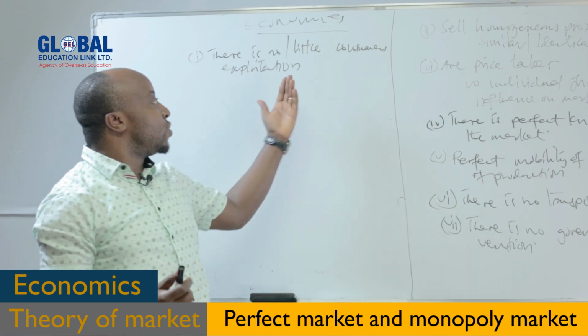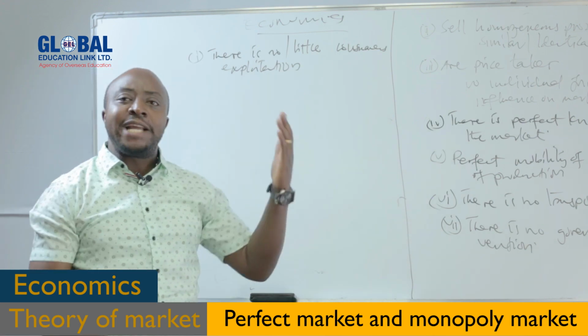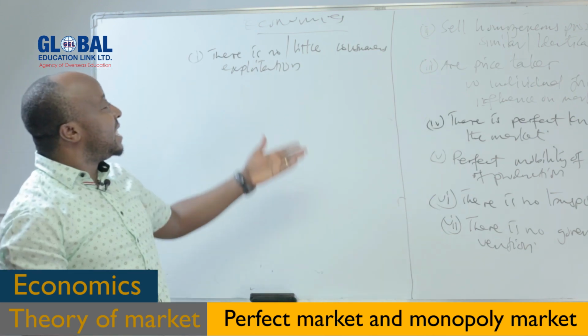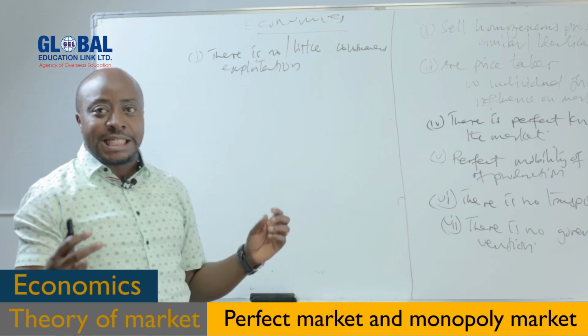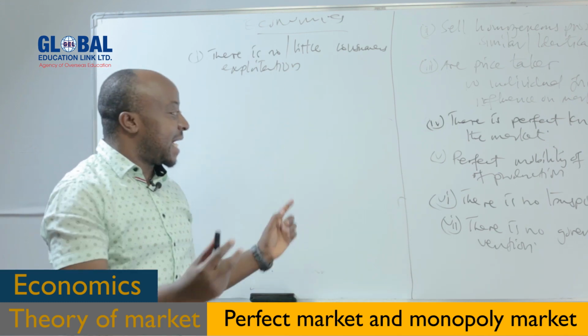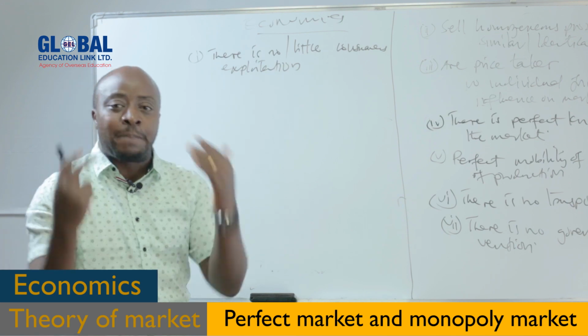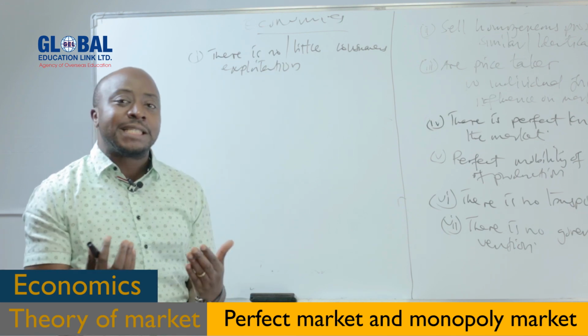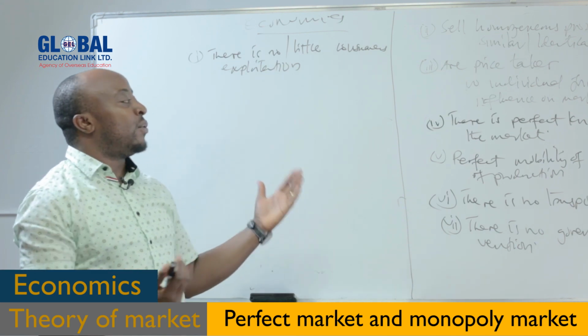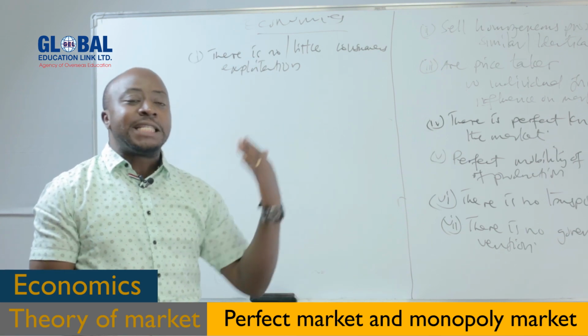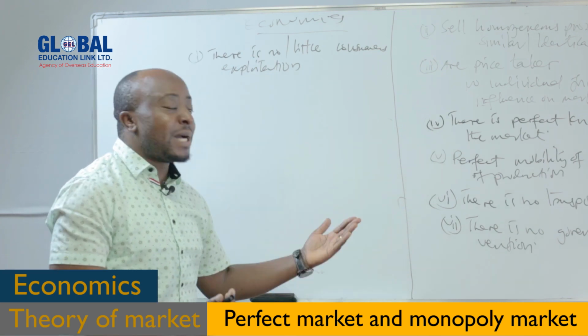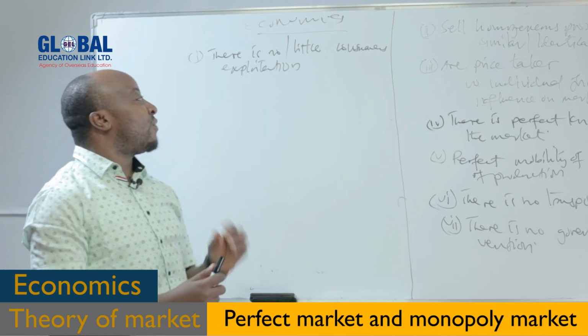Sellers exploit consumers by setting or varying prices. But now, because in this market price is constant, we say the firms are price takers. They do not have power to influence the market price. So that minimizes the possibility of sellers exploiting consumers. So there is little or no consumer exploitation. This is one of the advantages.